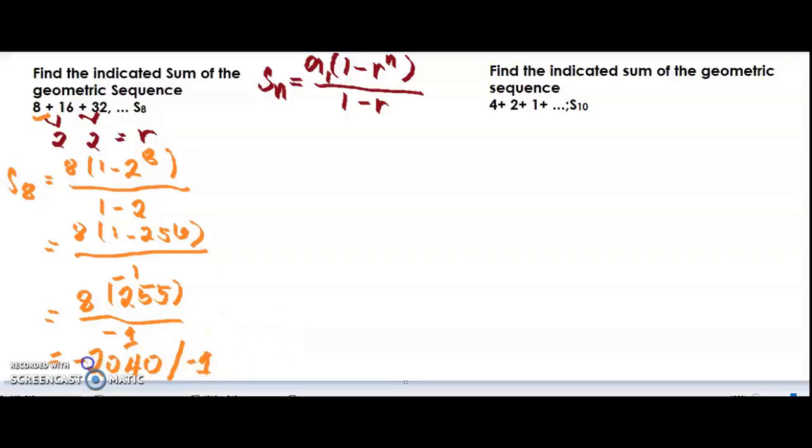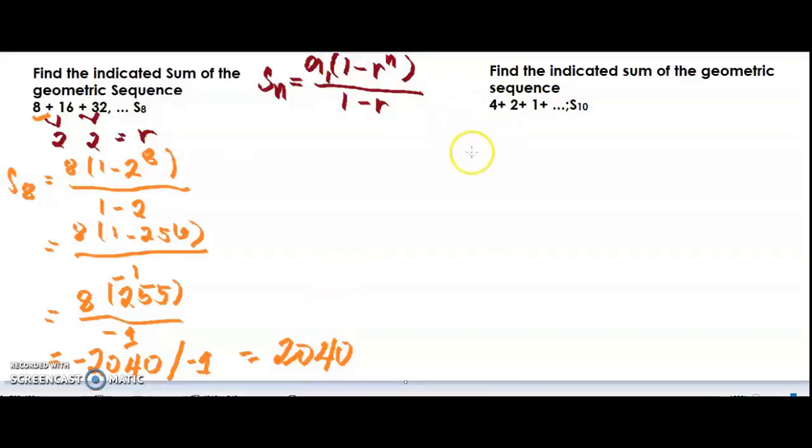Again, take note, negative divided by negative is equal to a positive number. So 2040 is the answer for the sum of the first 8 terms. Okay, so the sum of these 8 terms pag in-add natin siya is 2040.